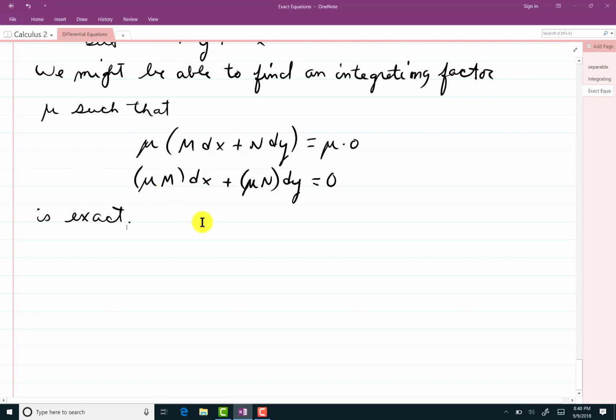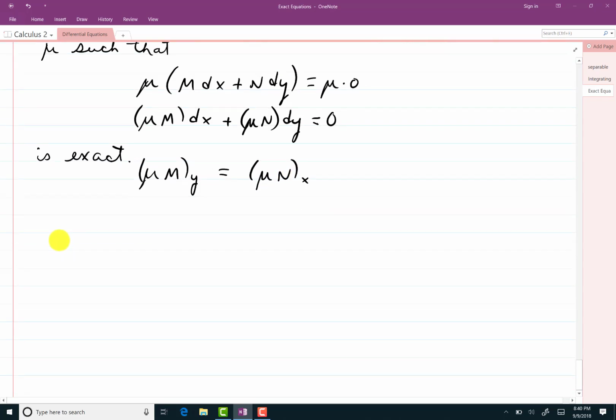So what do we need to do then? If this is going to be exact, then I need to take mu m, take the derivative of this with respect to y. And that needs to be the same as mu n with respect to x. If that's the case, well, now this sub y and this sub x are just derivatives. So really what I'm talking about is taking this derivative here with respect to y.